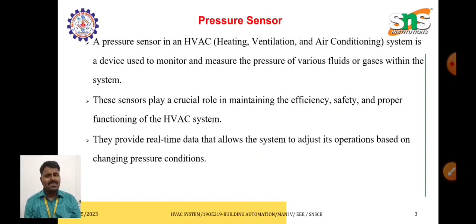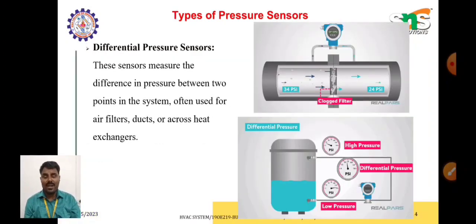The pressure sensor plays a very crucial role in maintaining the efficiency and safety of a system and the proper functioning of an HVAC system. So temperature and pressure measurement is very important in HVAC applications. These are the few types of pressure sensors which are used in HVAC applications.